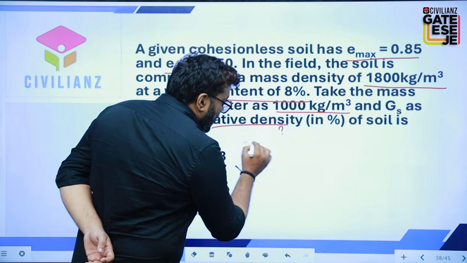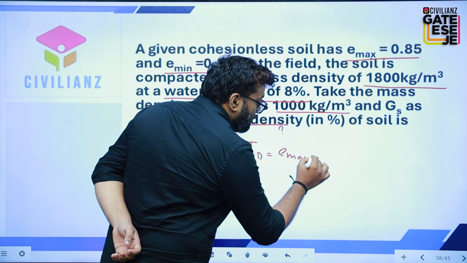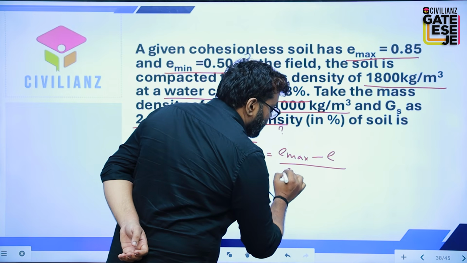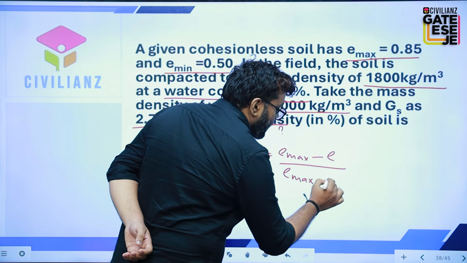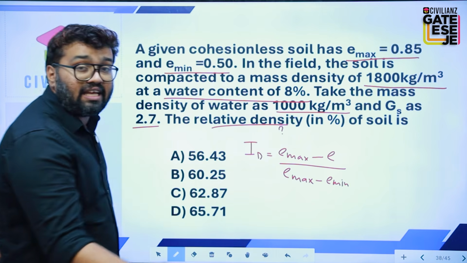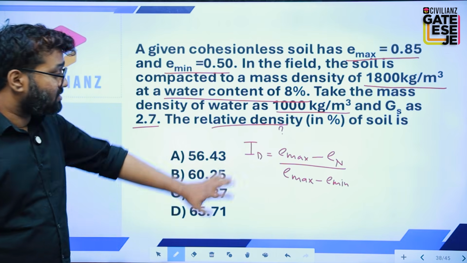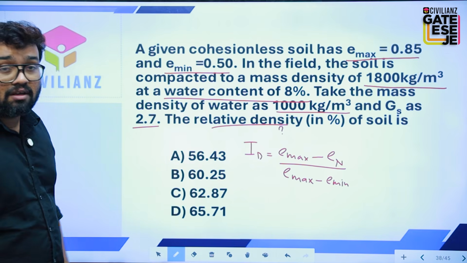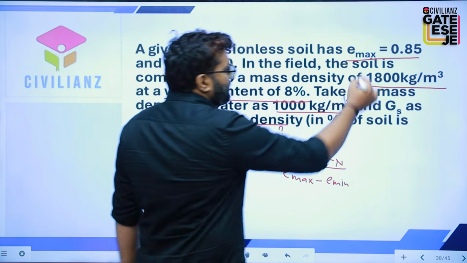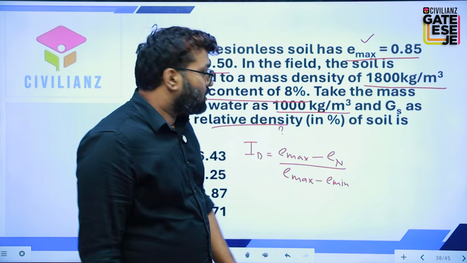So we know that relative density is equal to E max minus E divided by E max minus E minimum, where E is the natural void ratio, E max is the maximum void ratio and E minimum is the minimum void ratio. E max is given, E minimum is given, but the value of E is not given.